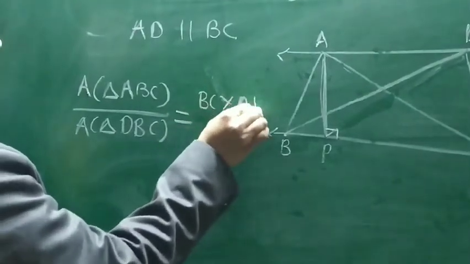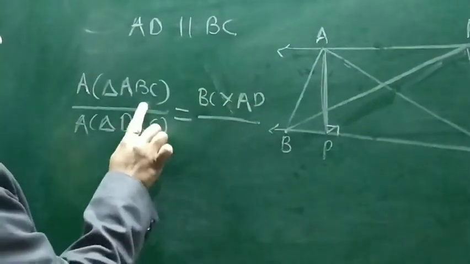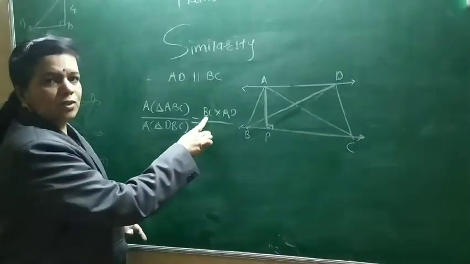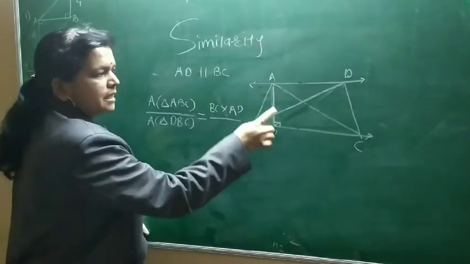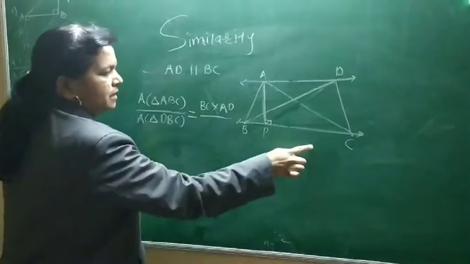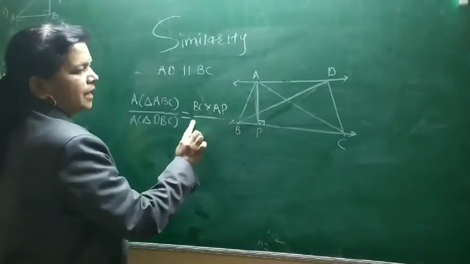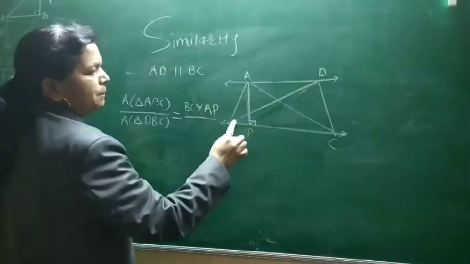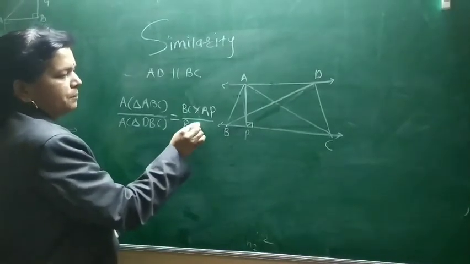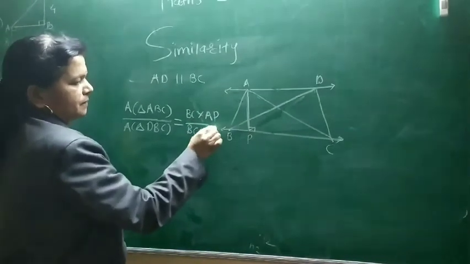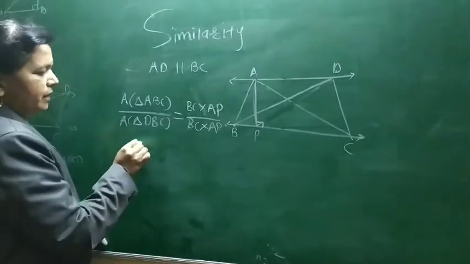See that, BC into AP. Area of this triangle is equal to the product of its base and height. So what is the base? BC. Height AP. Again take triangle DBC. What is the base? BC. Height AP. So both cancel. What will we get here?